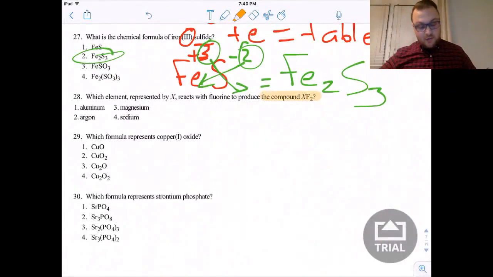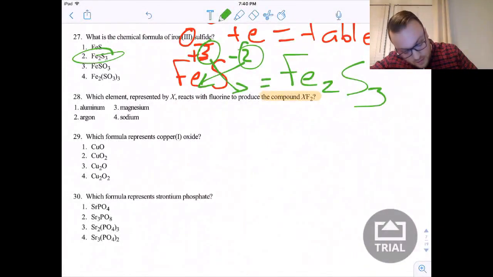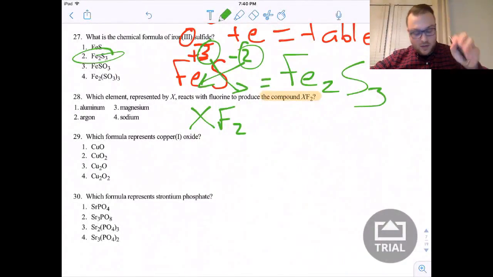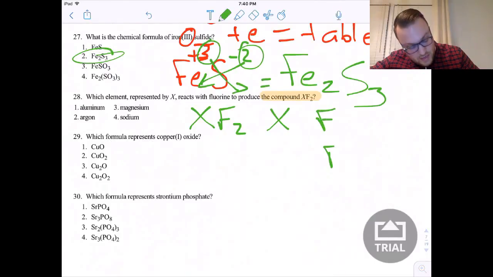How would I do it if it's a short answer, for example? If it's not multiple choice and you don't have the answers right there, I see XF2, which means I have 2 fluorines. So I have some unknown element X that's trying to balance out 2 fluorines that are each charged -1.